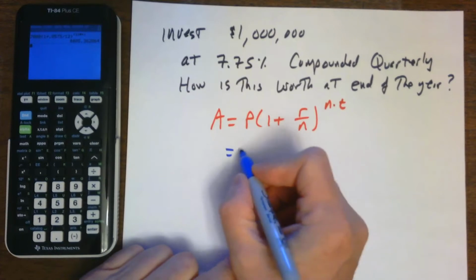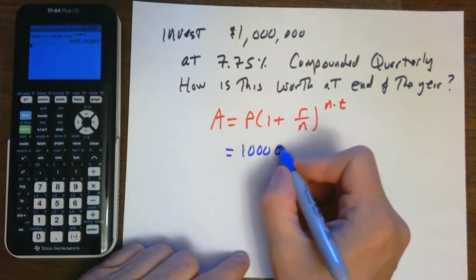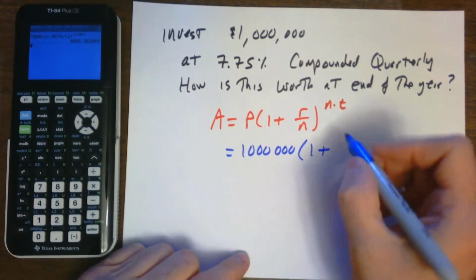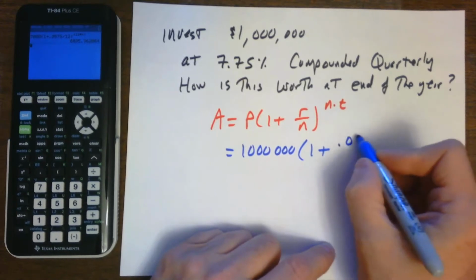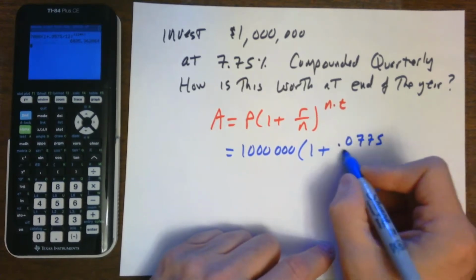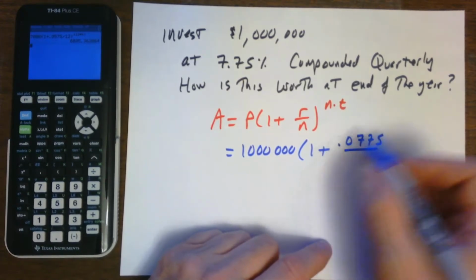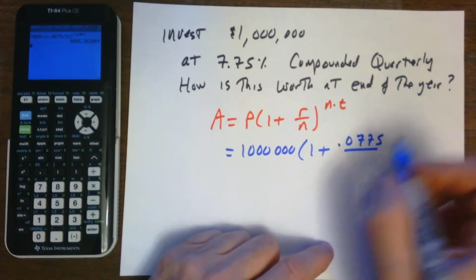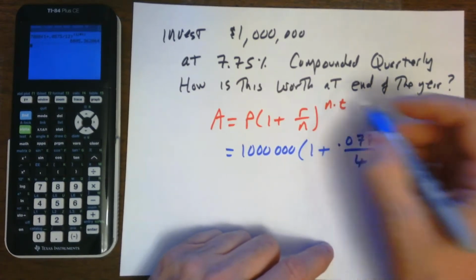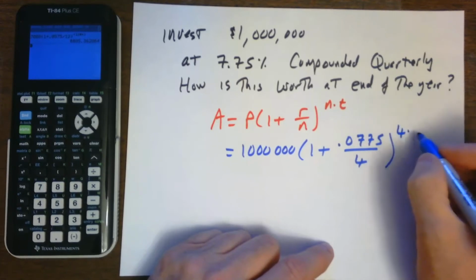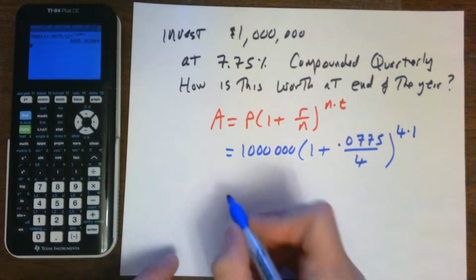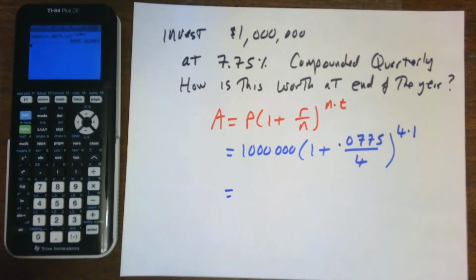The principal is $1 million. 1 plus the rate is 0.0775. The number of compoundings per year, quarterly, means 4 compoundings per year, to the power of 4 times 1, at the end of 1 year. All right, so here we go.